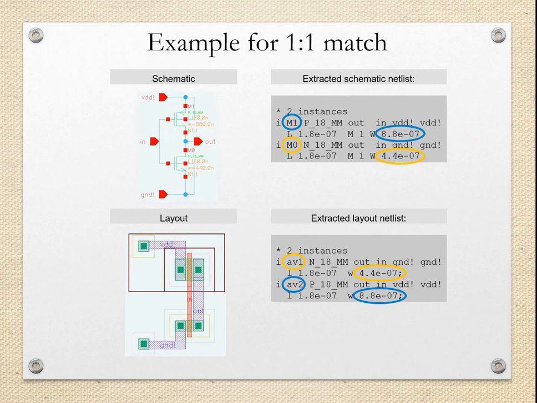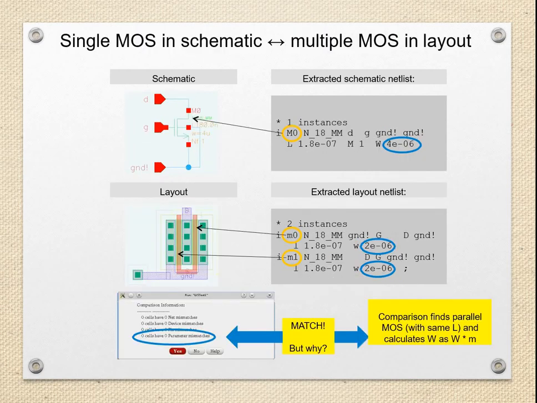And there will be a one-to-one matching, like we have a schematic and the netlist of the schematic in the upper portion, and then we have a layout and the netlist of the layout. So these two files, the schematic netlist and the layout netlist, will be checked on a one-to-one basis, and when matched, this LVS process will be completed. So this is how it will be checked on a one-to-one basis.